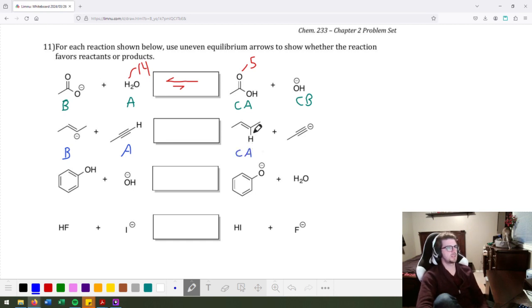The conjugate acid is the alkene, and the conjugate base is the deprotonated alkyne. So looking at the two acids, again, we went over this before. This one's going to be about, let's just take a conservative guess and call it 40, and the pKa of the alkyne is about 25.